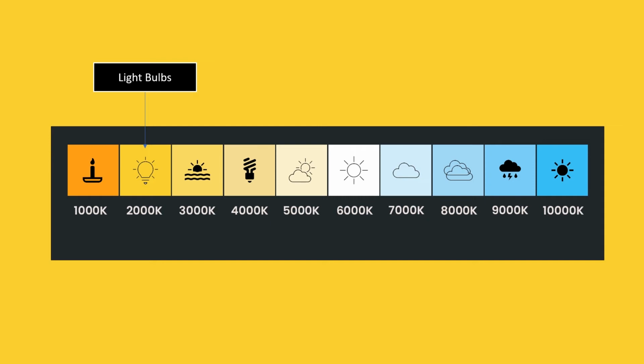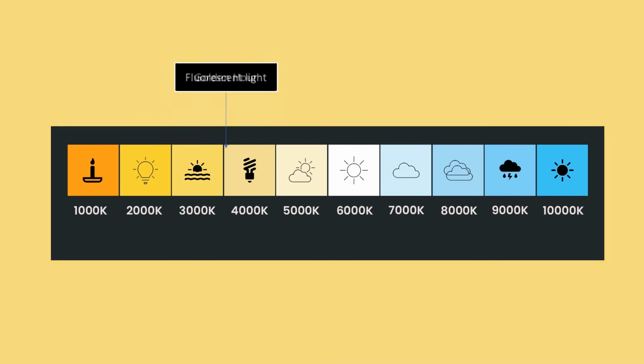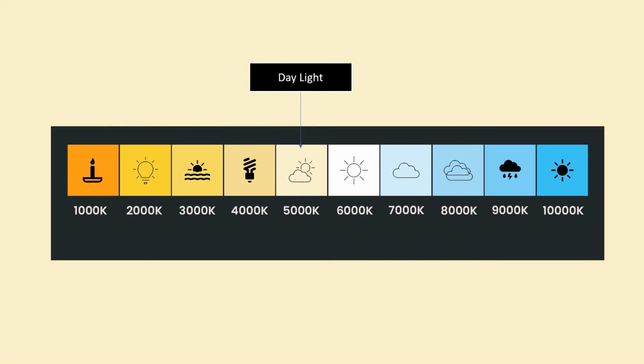From 3000 to 4000 is the golden hour, right after the sunrise and just before the sunset, when the light is evenly spread and gives a very cinematic look. 4000 to 5000 Kelvins is the fluorescent light that comes from your home white light LEDs, tube lights or different LED lights. 5000 to 7000 Kelvin is the daylight, which is the most common for taking photos and making videos.